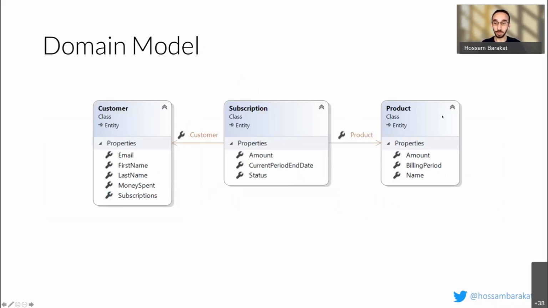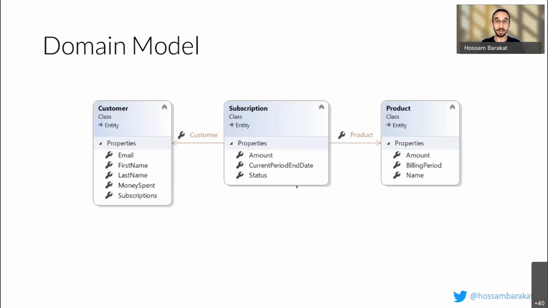We have a product with amount, name, and billing period. Whenever a customer subscribes to a product, we calculate the subscription amount based on the amount of money spent by that customer, if they are eligible for a discount, we calculate when that subscription will end, and then we have a status, either active or cancelled.